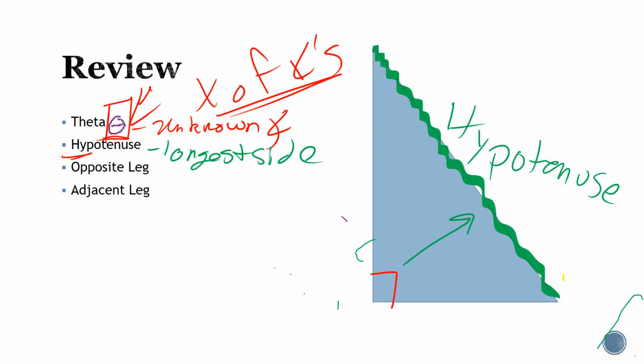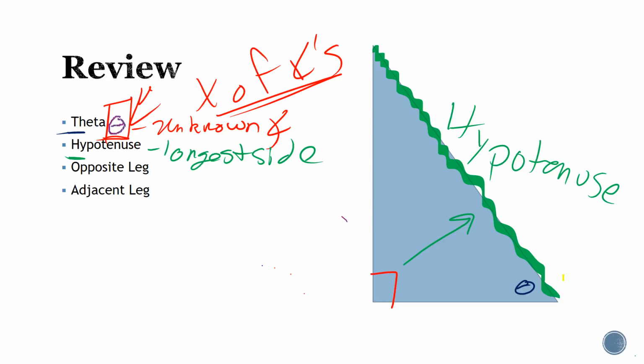Now, what about the opposite leg? Well, in order to find the opposite leg, we first need a theta. So we need to put theta in one of the two locations. I'm going to choose the lower corner, even though it could be the top corner. It depends on what we are trying to find and what we're given.